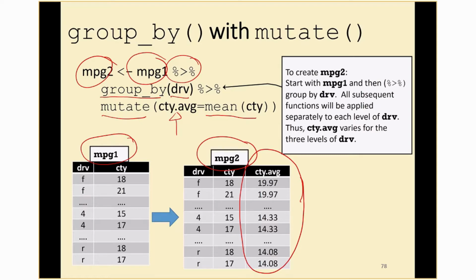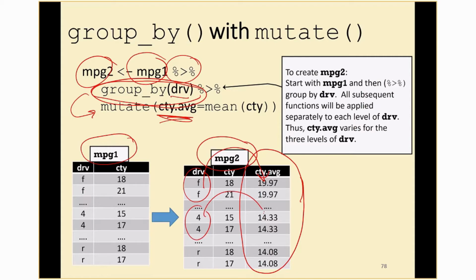But the key is, because group by preceded mutate, when it comes time to calculate city average, it's going to be done independently. So all the front wheels get 19.97, and all the four wheels get 14.33, etc.